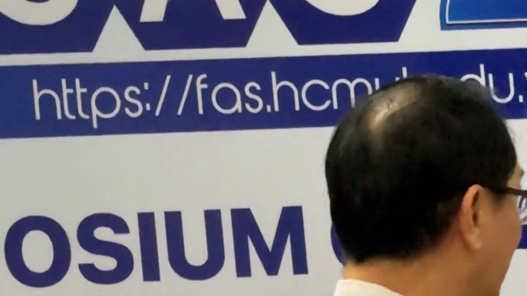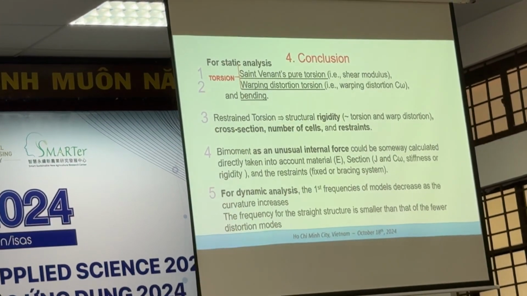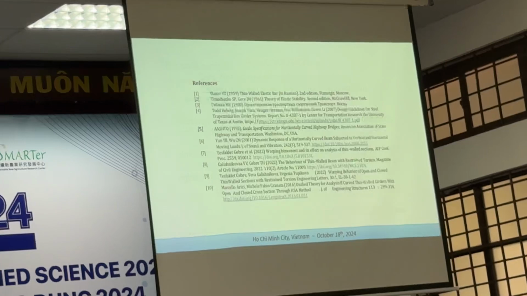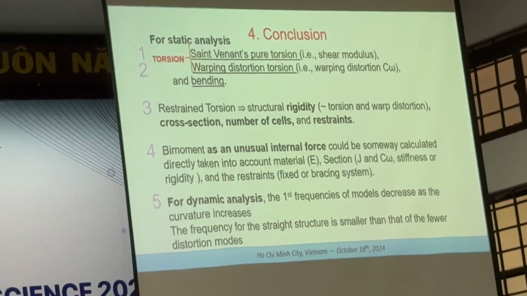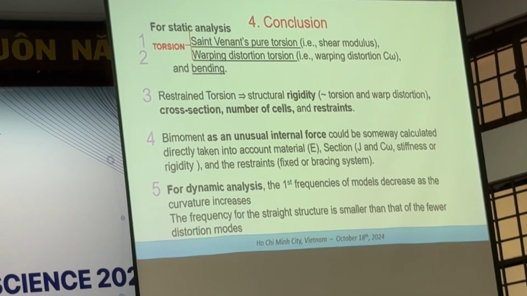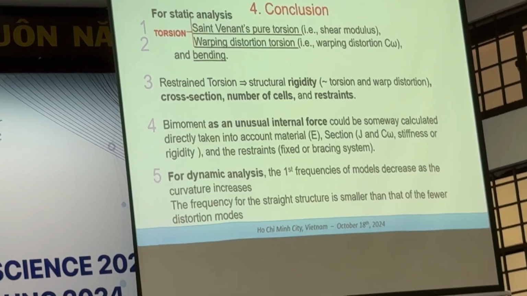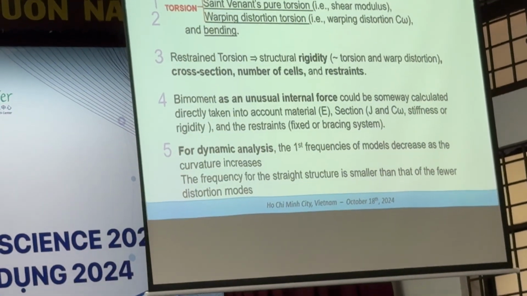parameter or variable, and take into account the material stiffness and the section, for example, the moment of inertia or torsional constant, or stiffness in bending, lateral or vertical. And finally, we focus on the restraints, fixed or bracing system.